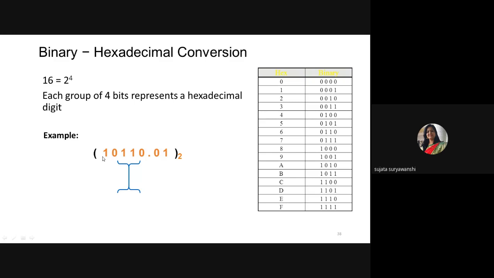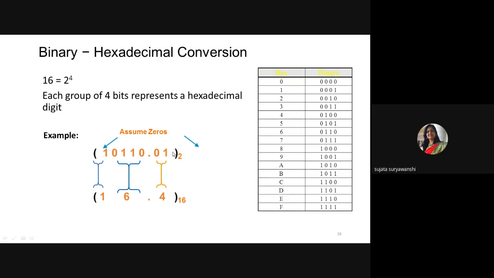So write down 6 here. Only 1 bit is left, so you need to append 3 more zeros to make a group of 4 bits. Write down 1. And for the fractional part, 0, 1, and you have to append 2 more zeros. So here 16.4, as you need to append zeros because we are converting binary into a hex number.